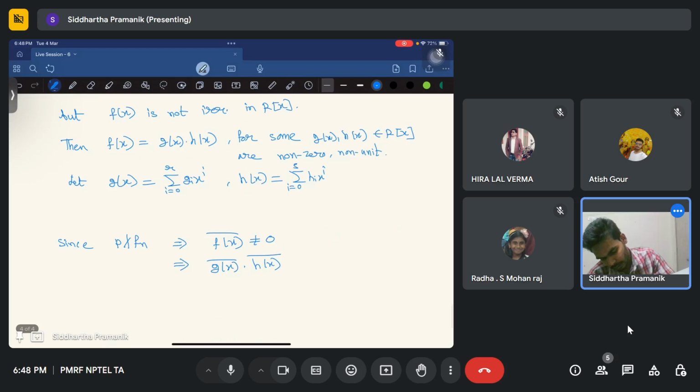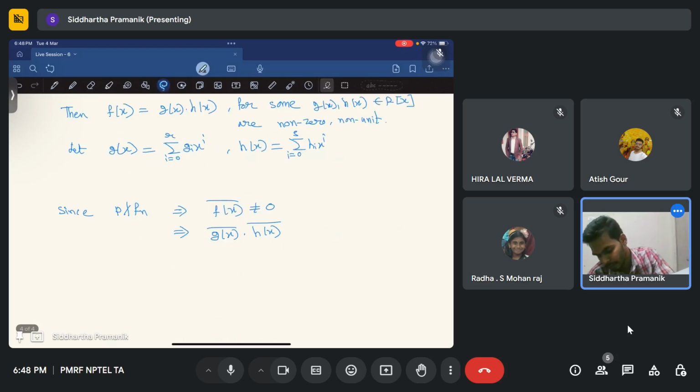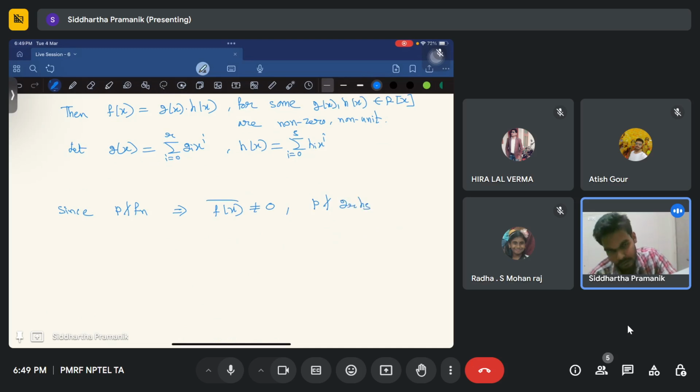Now p does not divide fn, that will imply fx bar is non-zero, so that is clear. And that will also imply p does not divide gr times hs, because this is the leading coefficient of f, because gr times hs is your fn.